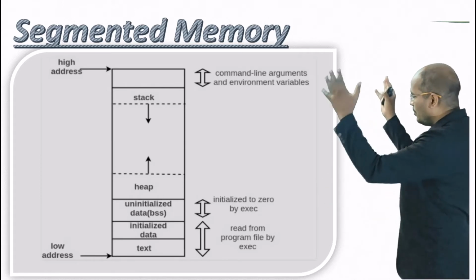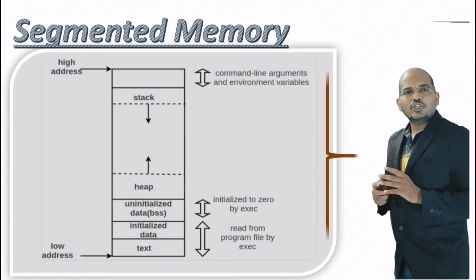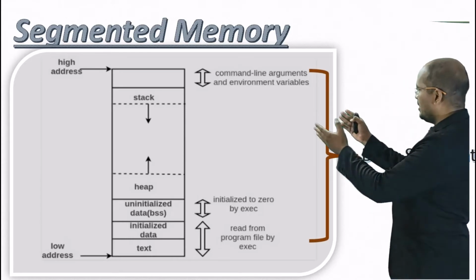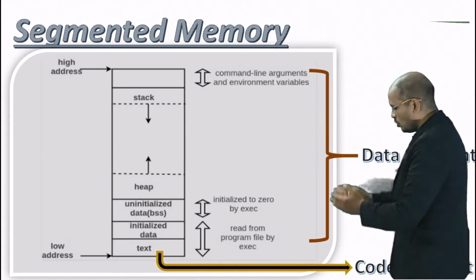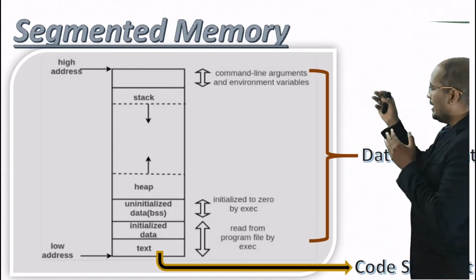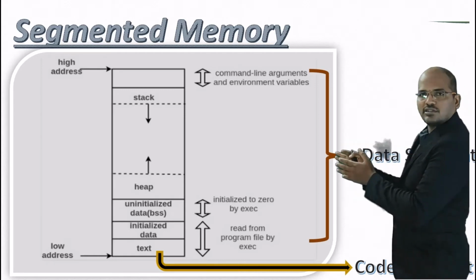This memory block is basically classified into two types. The first one is called the data segment and the second one is called the code segment. As you can see, we have the data segment here and the code segment here. What is the data segment and what is the code segment? Code segment is an area of memory where we load the machine instructions.